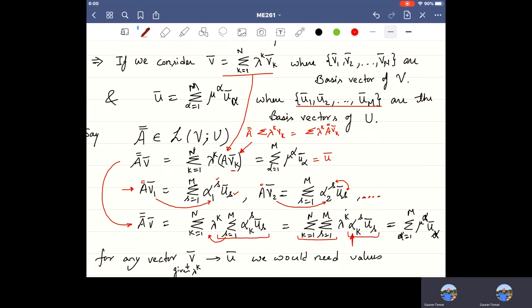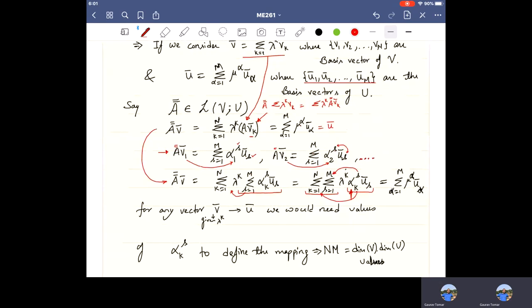You can choose these numbers with k running from 1 to n and s running from 1 to m. So the number of values you need to represent any generic mapping is n times m, where n is the dimension of V and m is the dimension of U. These values need to be defined, and that will define any generic linear mapping.